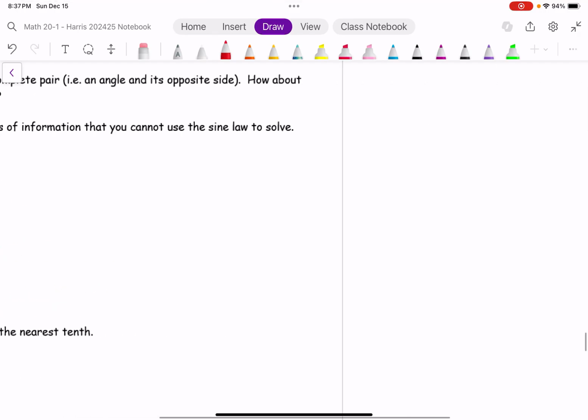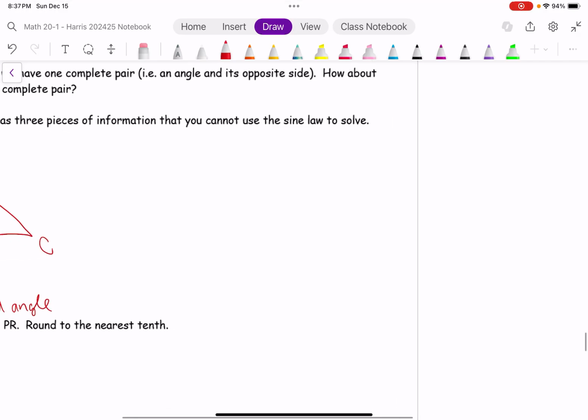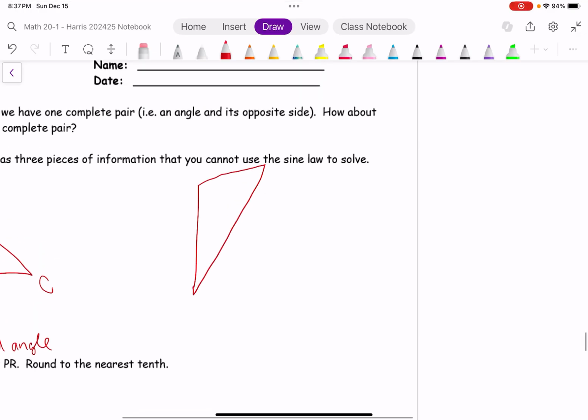Okay, and then there's another type of option that some of you might have drawn. Let's see what my oblique triangle is going to look like. This is my oblique triangle looking really weird. I'm going to say this is A, this is B, this is C. Three pieces of information. Making up my numbers, this is 3.4 centimeters.